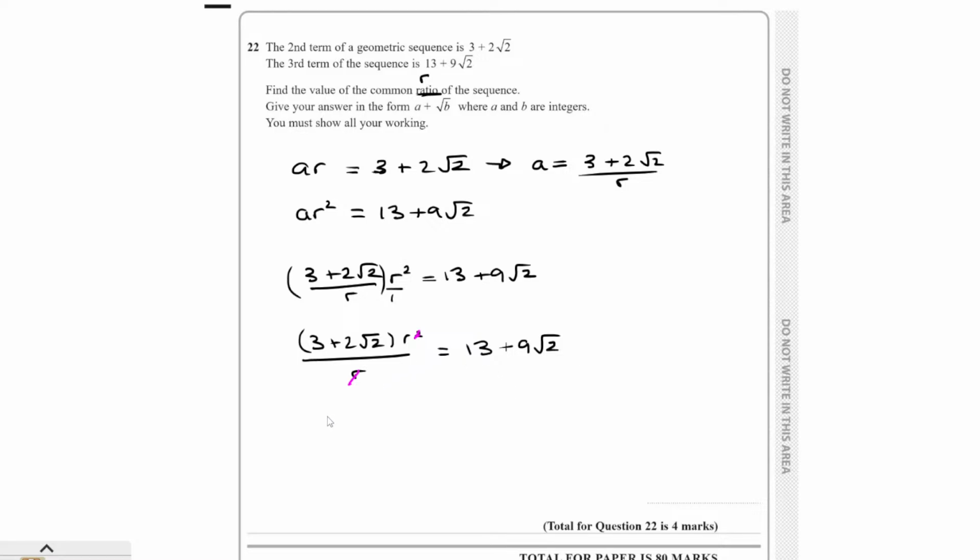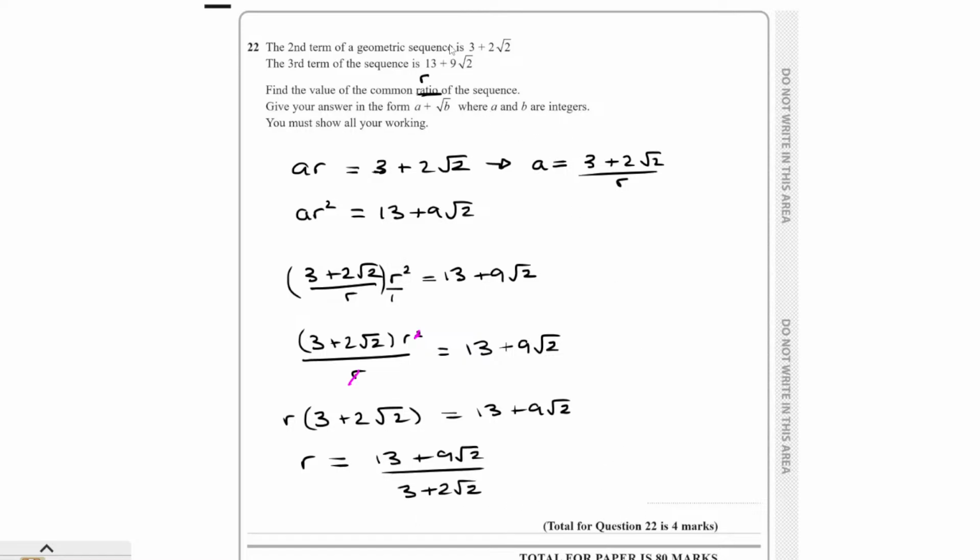So let me rewrite that. We've been left with R multiplied by 3 plus 2 root 2 equals 13 plus 9 root 2. I wouldn't expand that because I would just directly divide by this whole bracket because I want to know what R is. So you get 13 plus 9 root 2 over 3 plus 2 root 2.